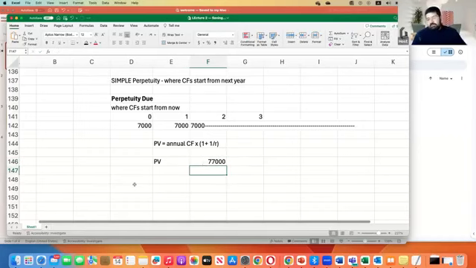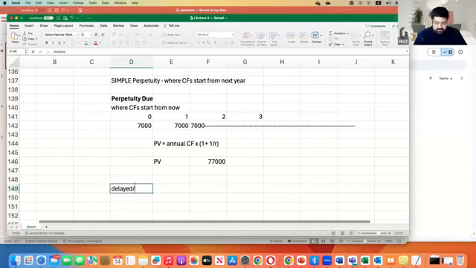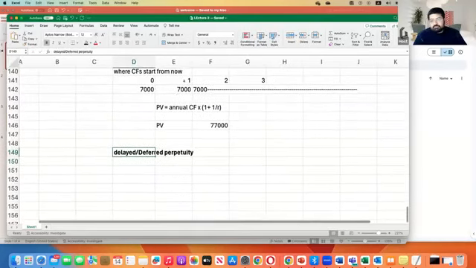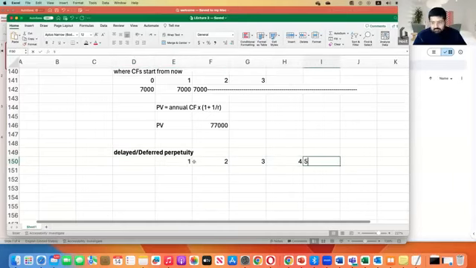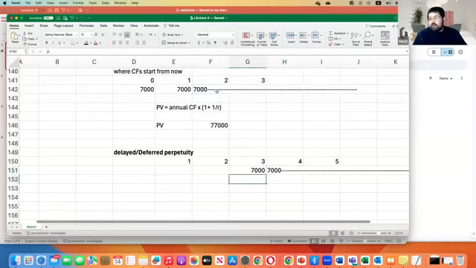Next, delayed or deferred perpetuity. So for example, 7,000 and continue, starting from year 3, where cash flow starts from year 1.